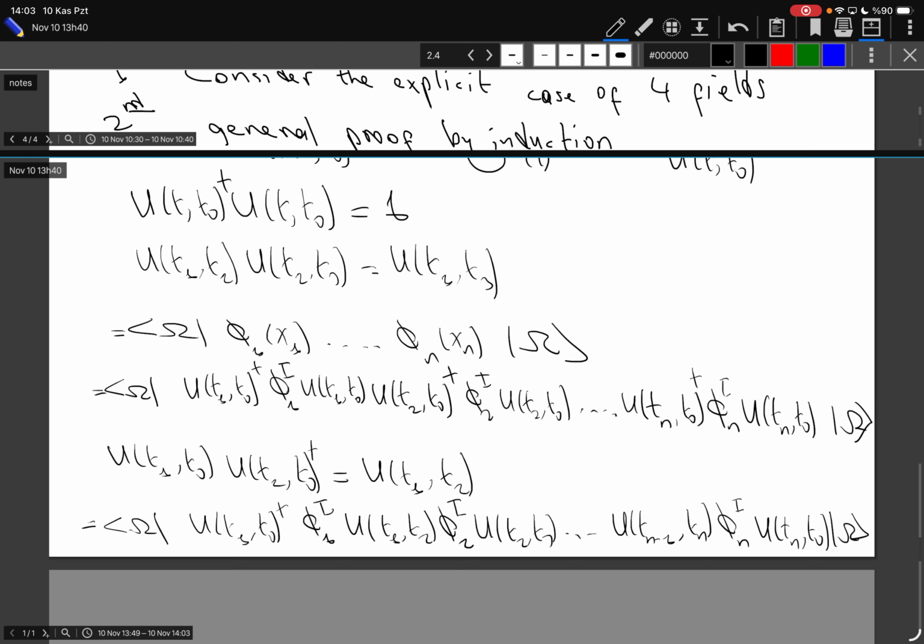It is nice because at least in the intermediate states between those field operators, there's no t0 left. Whatever you chose as t0, nothing really matters.